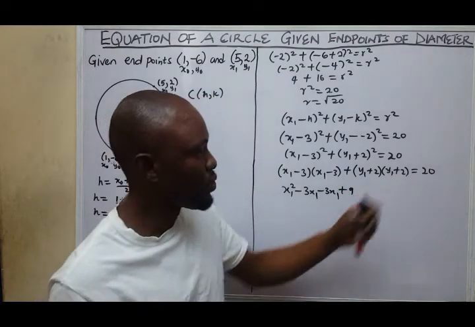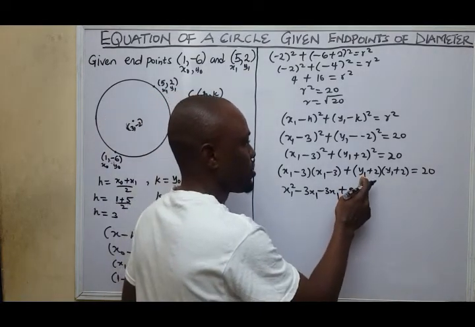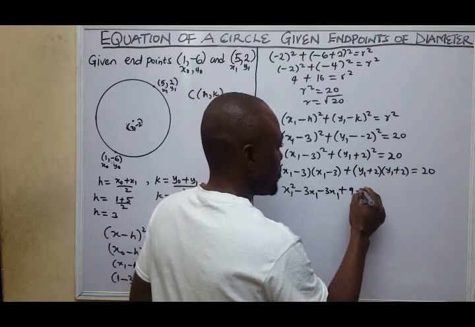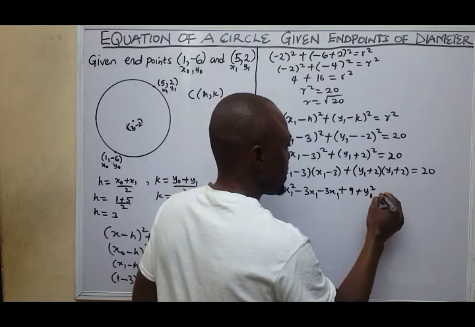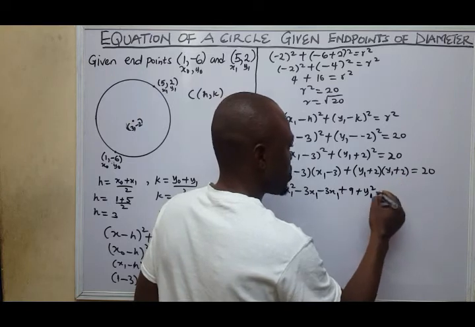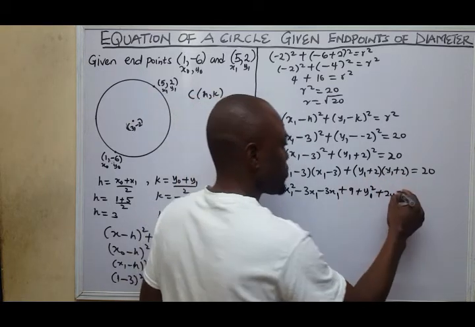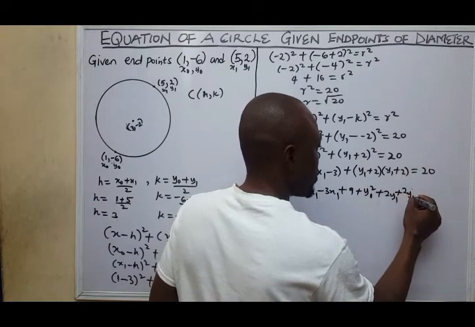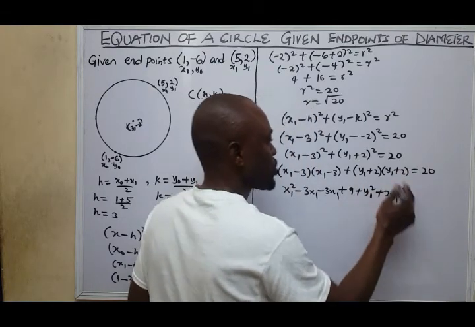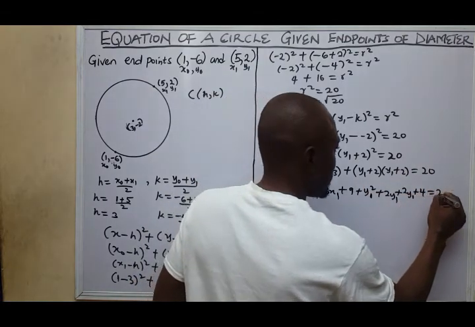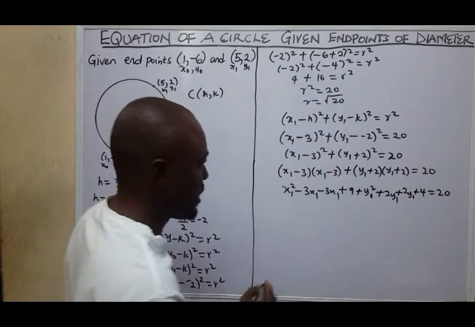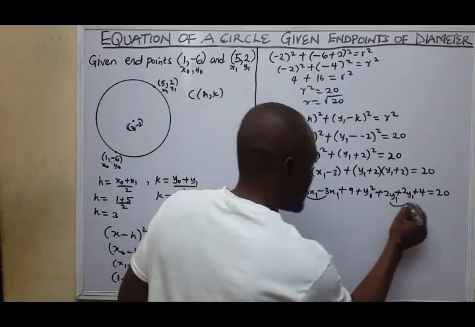I'll do the same thing for the y. y₁ multiplied by y₁ will give me y₁². y₁ multiplied by 2 will give me plus 2y₁. 2 times y₁ will give me plus 2y₁. And then 2 times 2 will give me plus 4, equals 20. Now I want to tidy up the equation.